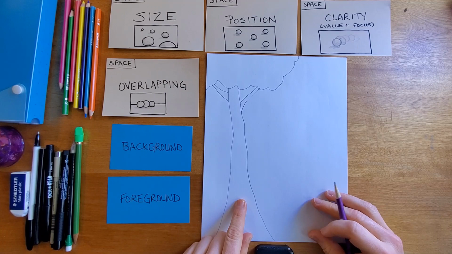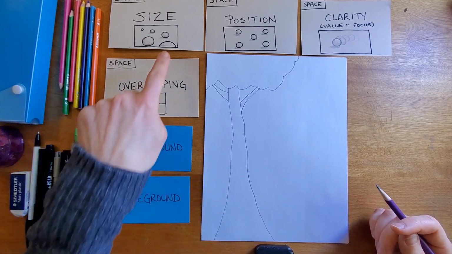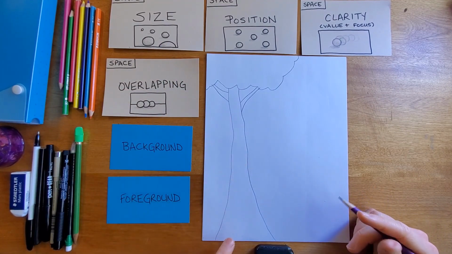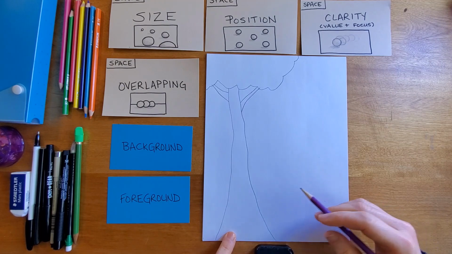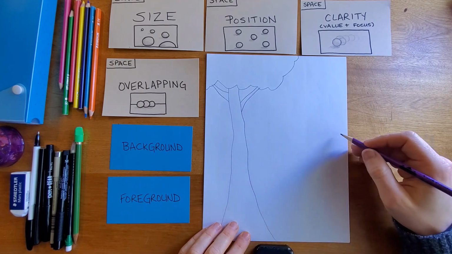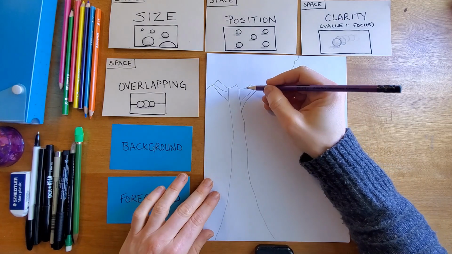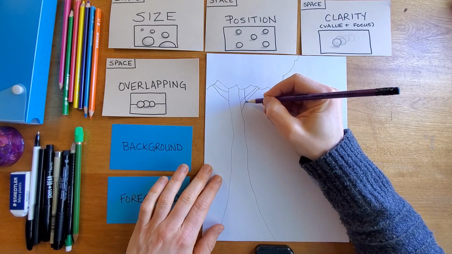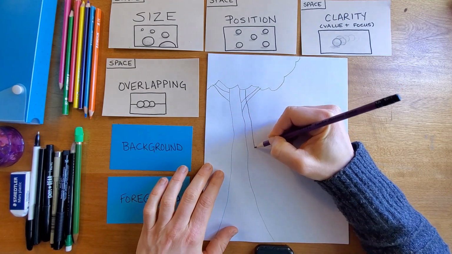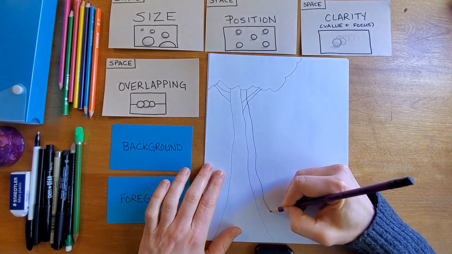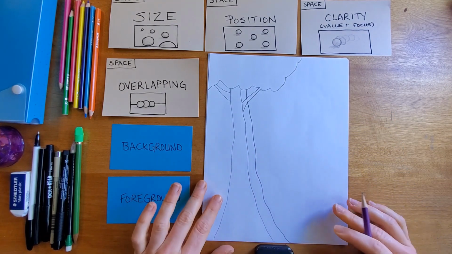I think I need to actually make this tree a little bit bigger, don't you? Because if I think about how skinny I got to make my other trees, I'm going to go ahead and add some width to my tree.